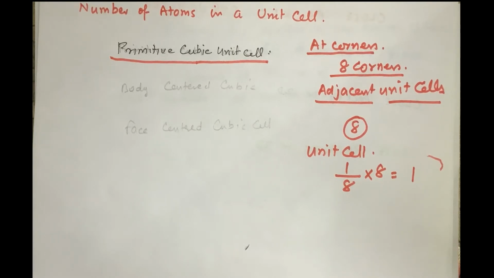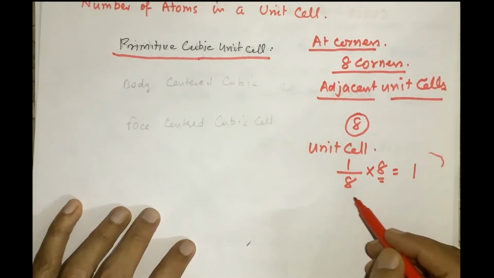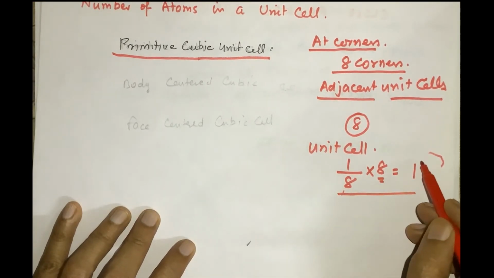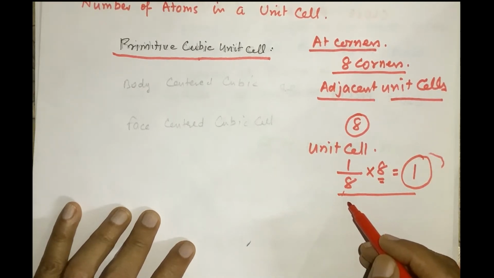Because each small constituent particle represents only the center of the particle occupying in open structure, and these are shared by all the 8 adjacent unit cells. So one unit cell shares only 1/8 of a constituent particle, and if there are 8 constituent particles, then one constituent particle is shared by 1 unit cell.